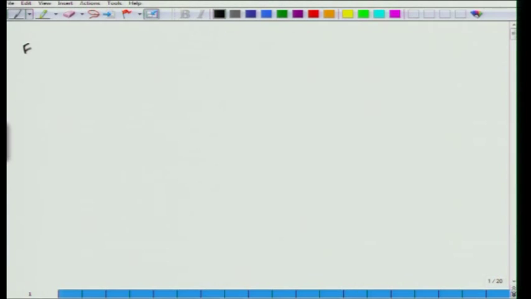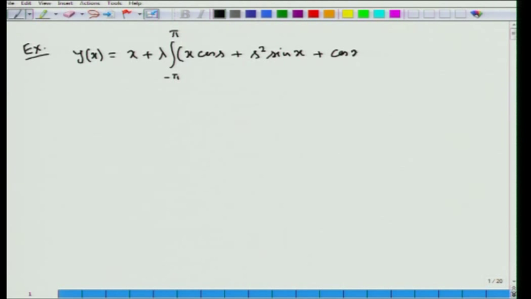So, in this lecture we start with this example, where we have to solve the equation y x is equal to x plus lambda integral from minus pi to plus pi of x cosine s plus s square sin x plus cosine x sin s, times y s ds.